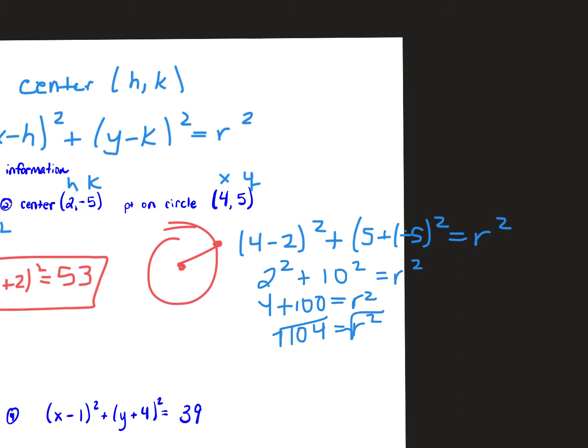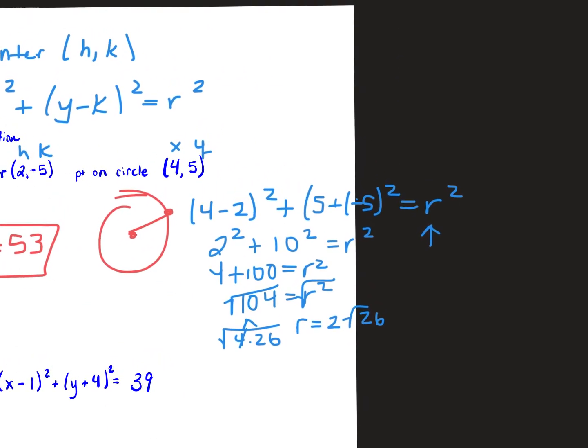Now, if they're asking you specifically to find the center or to find the radius, if you find the radius to be something that can be broken down, guys, you need to make sure that you know how to break that down. 104 is the same as 4 times 26, so this radius would be 2 root 26. But since they're not asking for just the radius, you don't have to break it down, because in your equation you're going to write the radius squared.